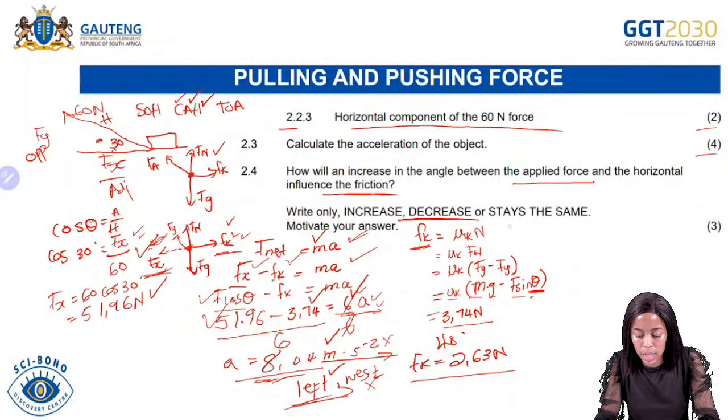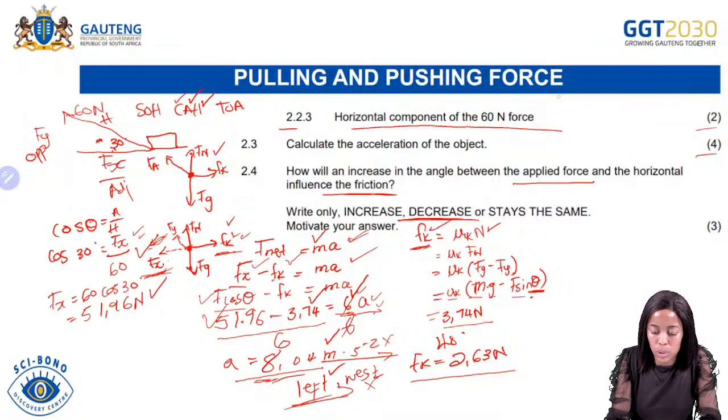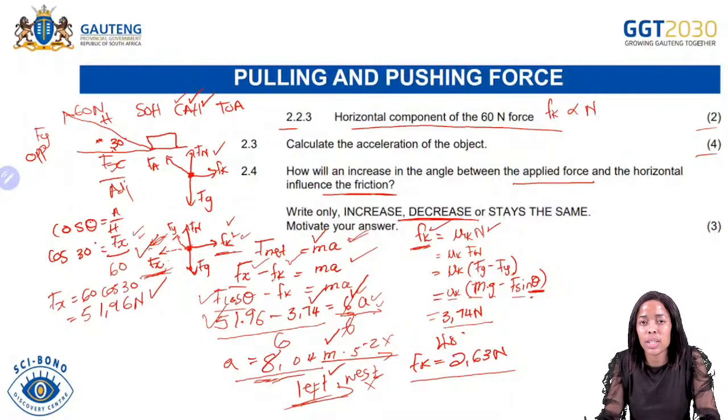Okay, so how are you going to then explain that? Remember, we said that the normal force is directly proportional to the frictional force. So it means that as the normal force increases, the frictional force will also increase, or as the normal force decreases, the frictional force will also decrease.